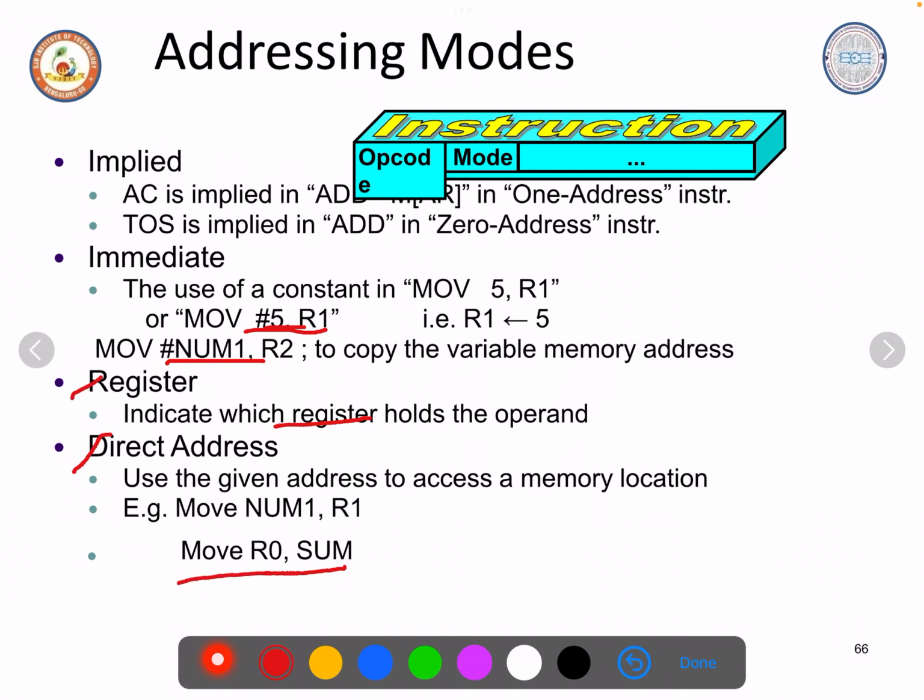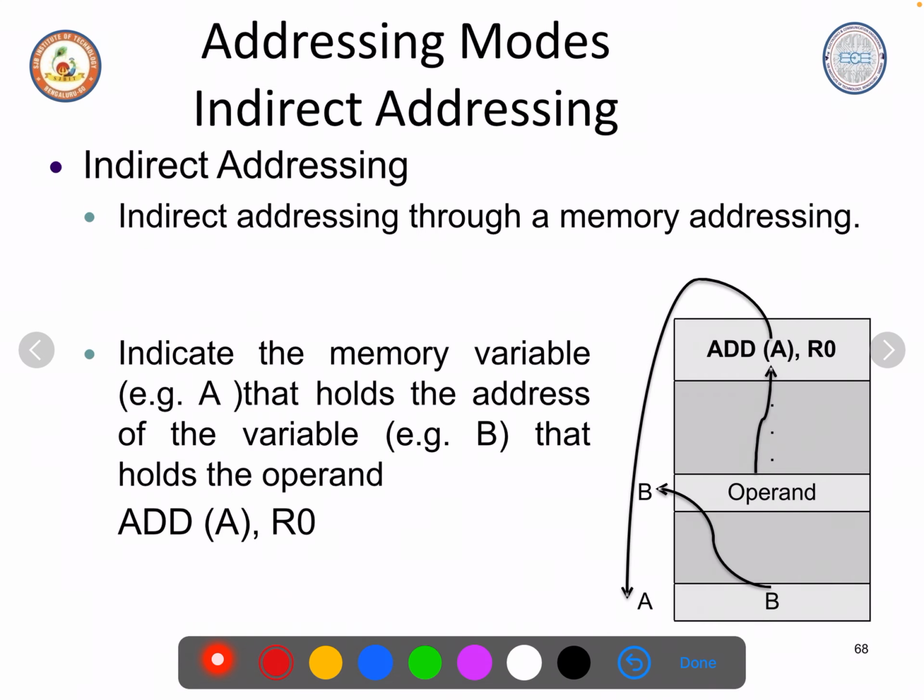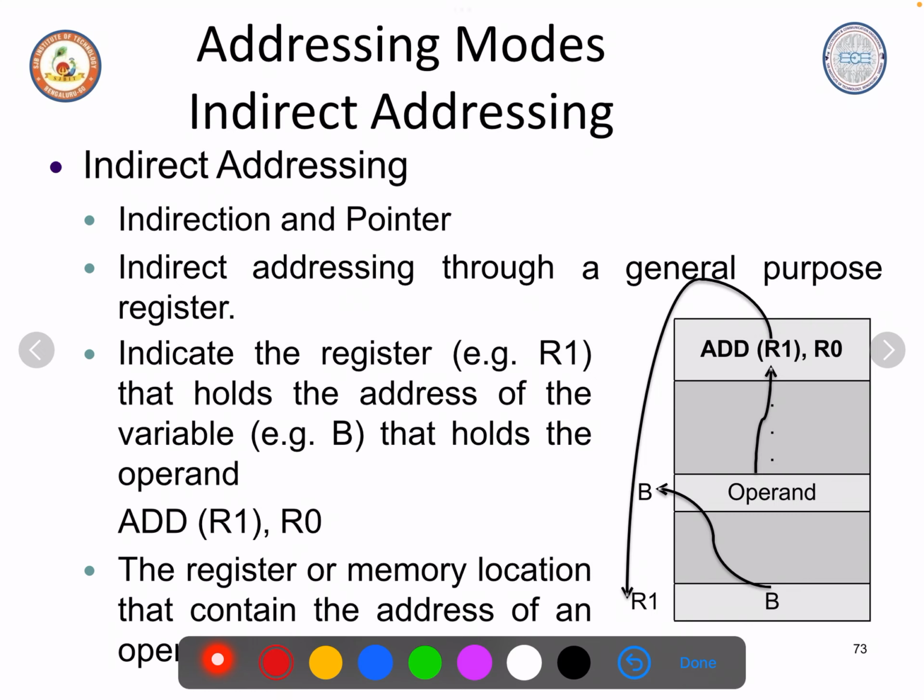This is a direct addressing mode. The address is directly specified in the instruction. Next one is the indirect addressing mode. Here you can observe, if I have written add content of R1, R0, R1 is actually holding the address.